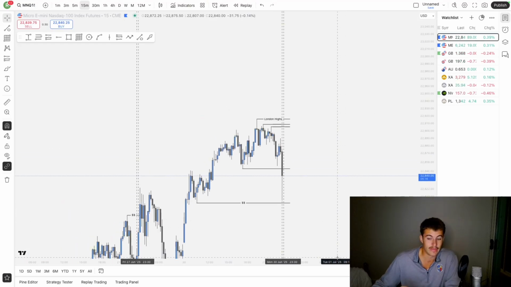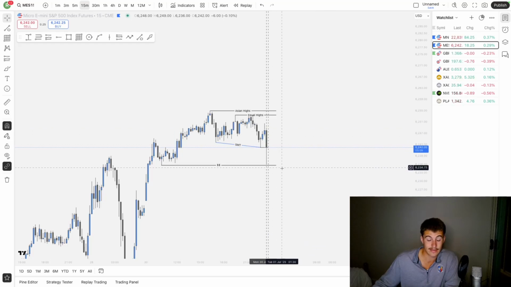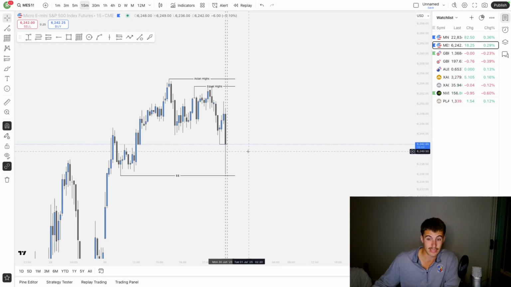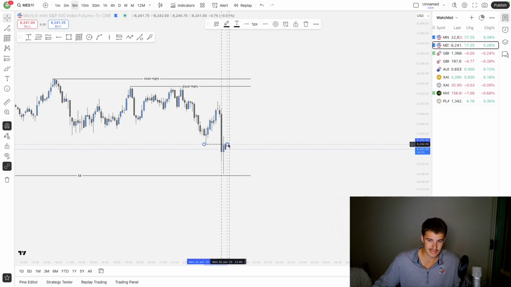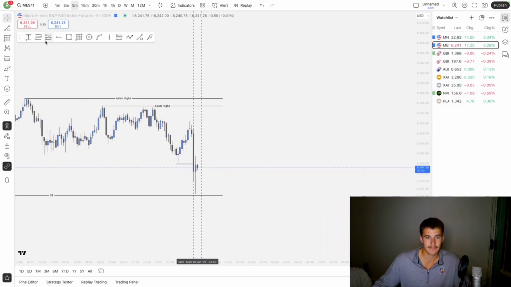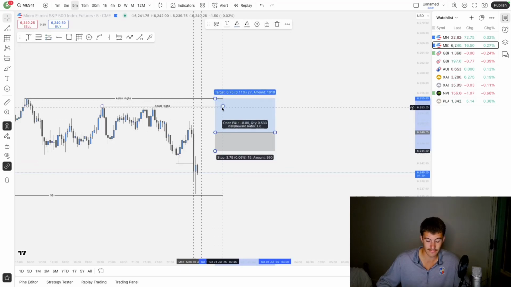That's the image I'm picturing in my head right now. But if we could get some sort of confirmation that this is just a manipulation leg, beautiful. That would be such a good model for me. It just sucks that this is such a major fair value gap here, because it limits me. The ideal model for me would be I see us completely invalidate this imbalance before taking a long, but obviously the risk to reward's just not going to be there for that.